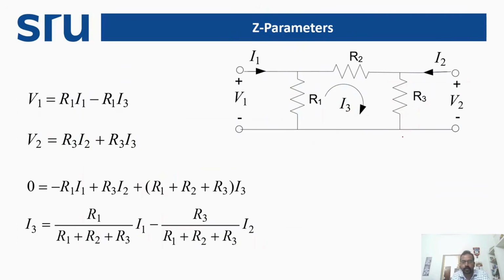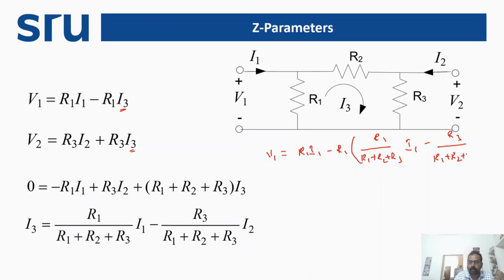Let us write V1 equal to R1 I1 minus R1 into R1 by (R1 plus R2 plus R3) into I1, minus R3 by (R1 plus R2 plus R3) into I2. Why are we substituting? Because we are trying to eliminate this I3 term.